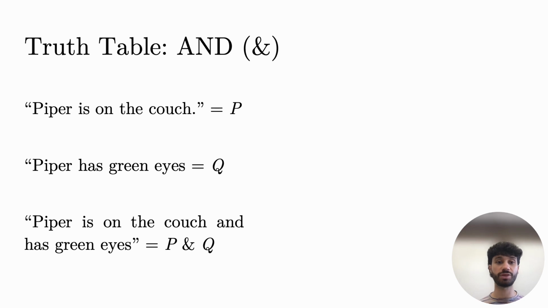But when we're going with the and operator, now we don't just have one simple statement, P, now we have P and Q. So you might notice that we're going to have more possibilities, because now there might be cases where P is true and Q is false. There might be cases where Q is false and P is false, etc., etc. So let's go through these.